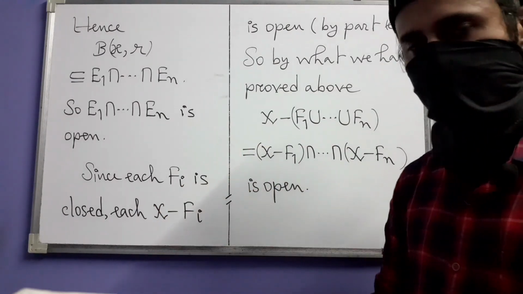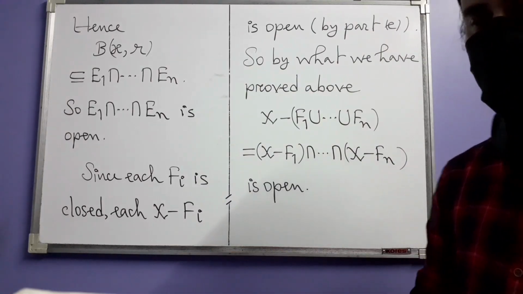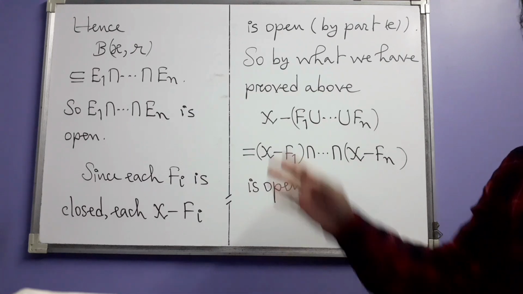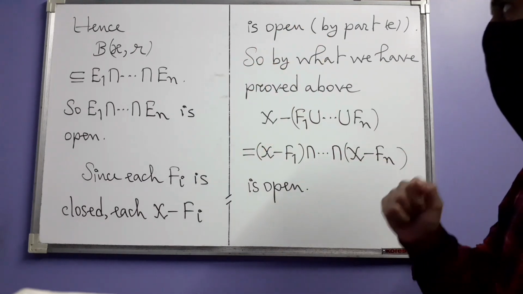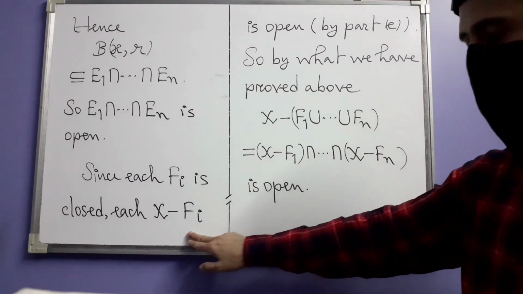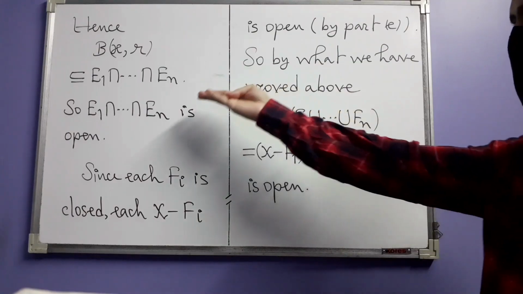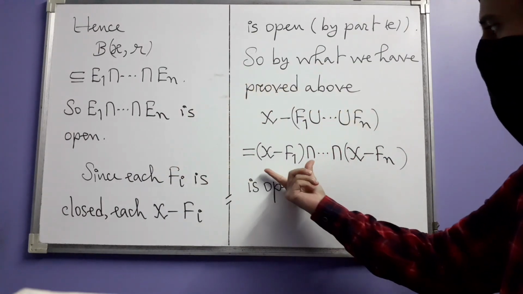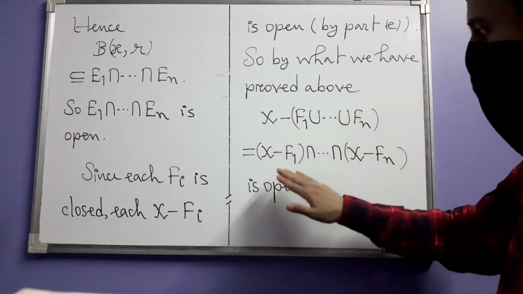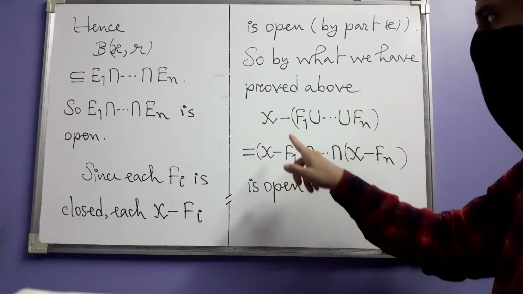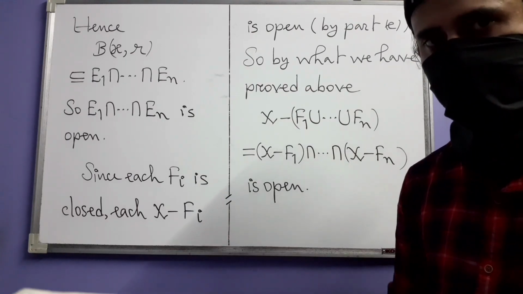Each Fi is closed, that is why the complement of each Fi, X difference Fi, will be open by the previous part E. And that is why, because now we have finitely many open sets, these complements, by what we have proved above, the intersection of all these complements will be open, which however by De Morgan's law is the complement of the union, extended De Morgan's law.